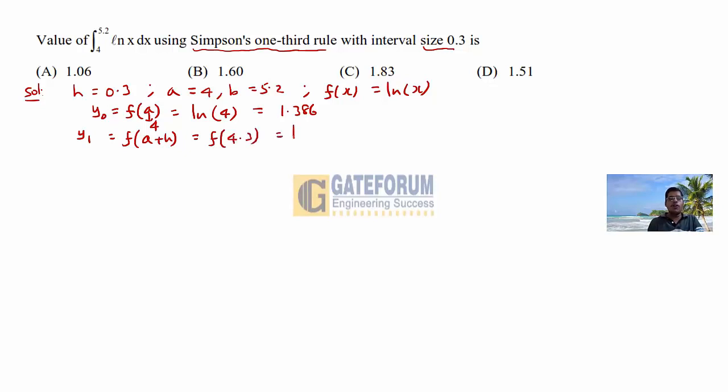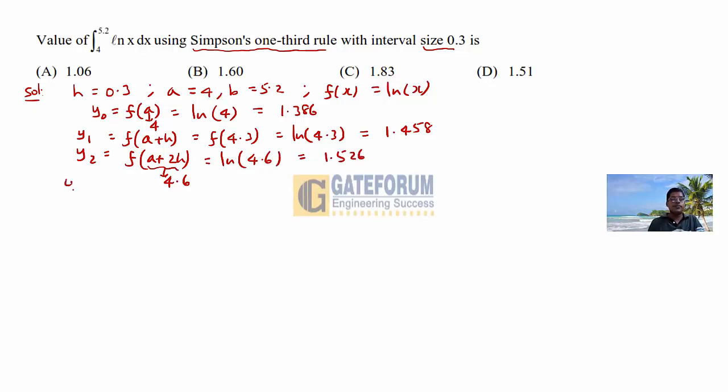So that is log of 4.3, which is approximately 1.458. Y2 is the function value at a plus 2h, which is 4.6. That is log of 4.6, which is approximately 1.526. Y3 is equal to the function value at a plus 3h.